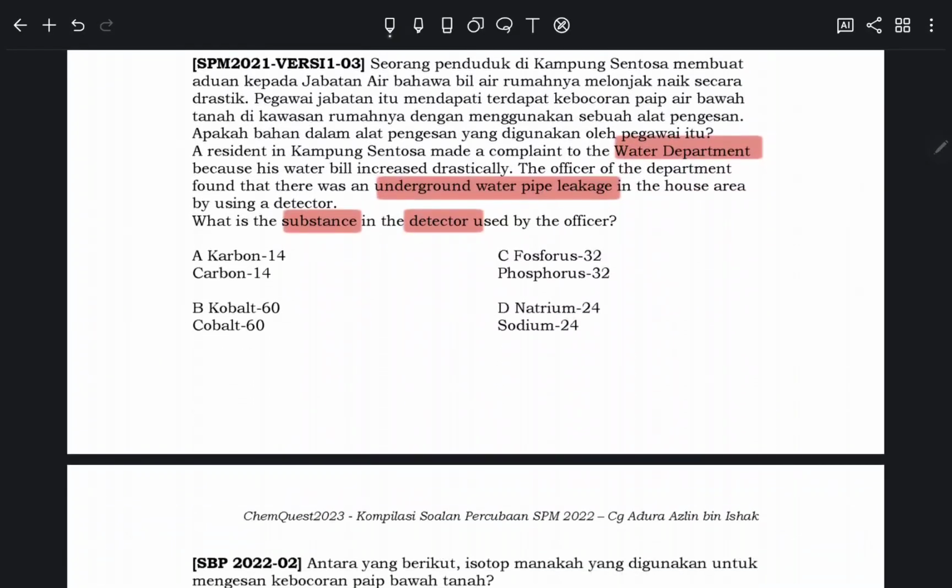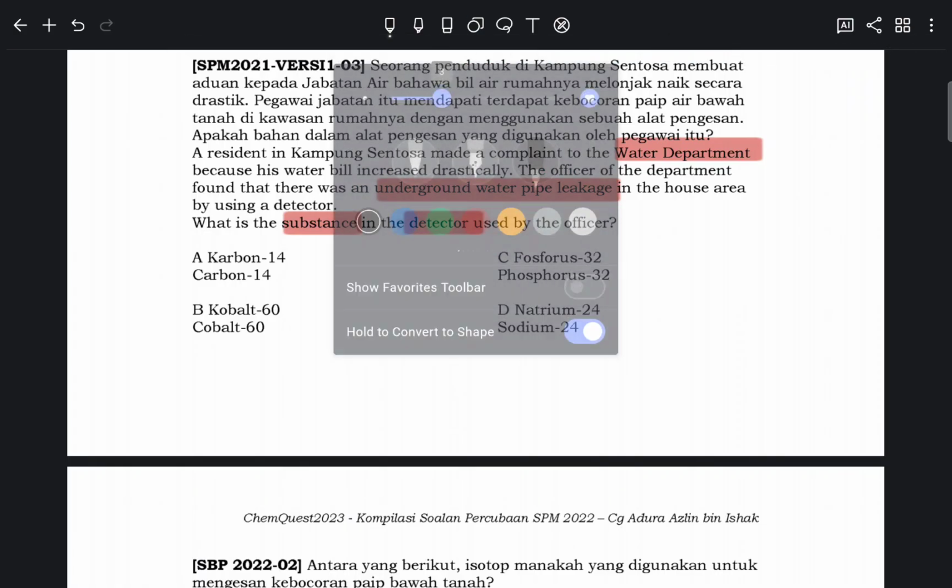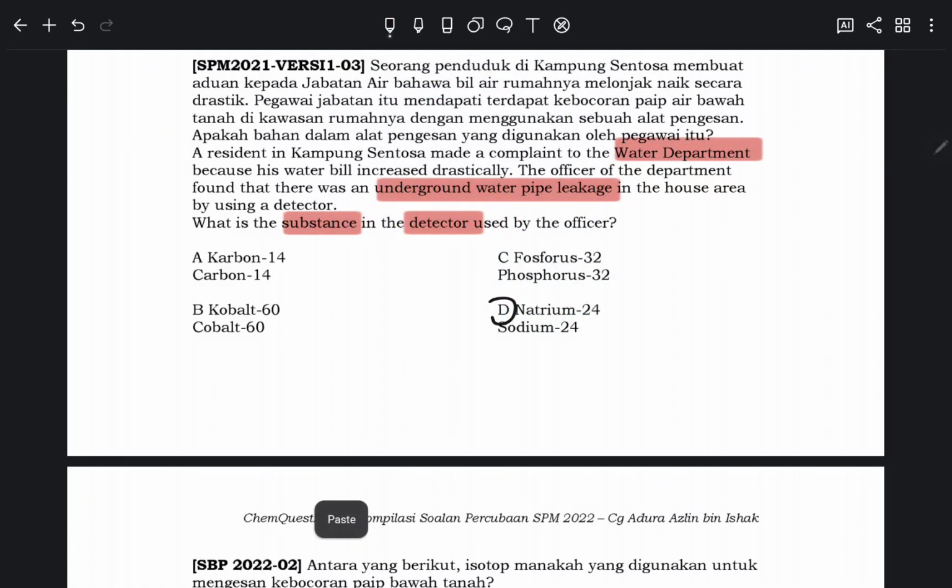Which do you think? Phosphorus, sodium, cobalt or carbon 14? Because they say pipe leakage, the keyword is sodium, because phosphorus is to study the metabolism of plants, cobalt 60 is to treat cancer patients, carbon 14 is to estimate the age of fossils.